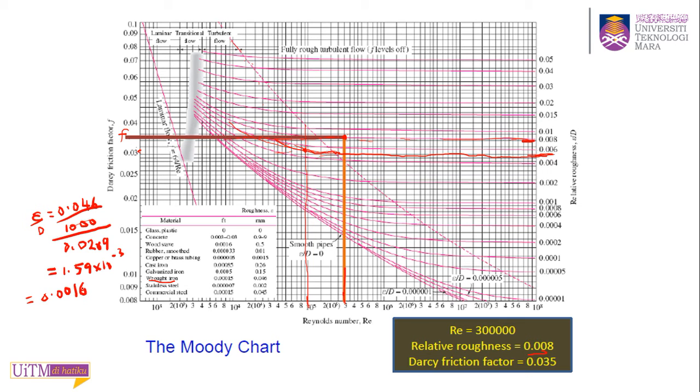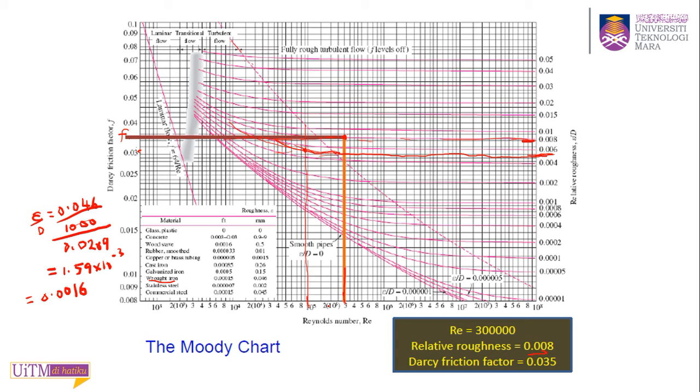Okay, so you have your relative roughness and you have your Reynolds number 2.2 times 10 to the power of 5. So you can refer to this Moody chart.